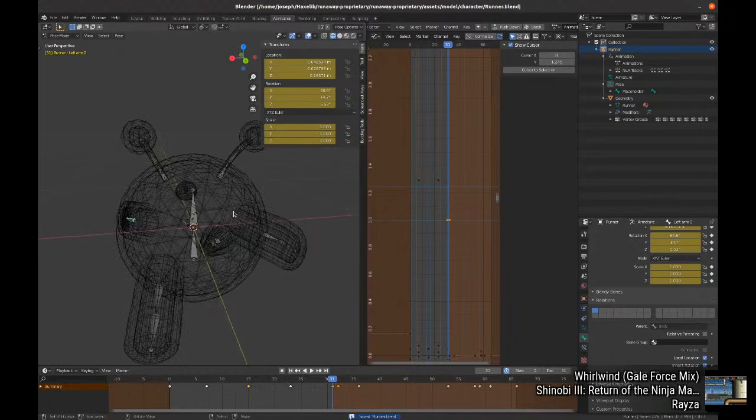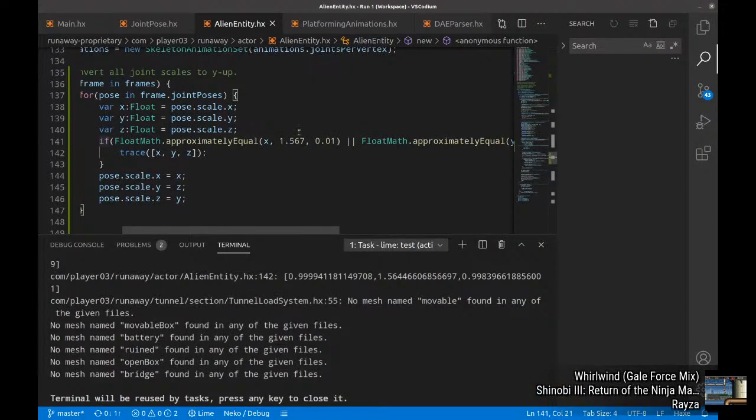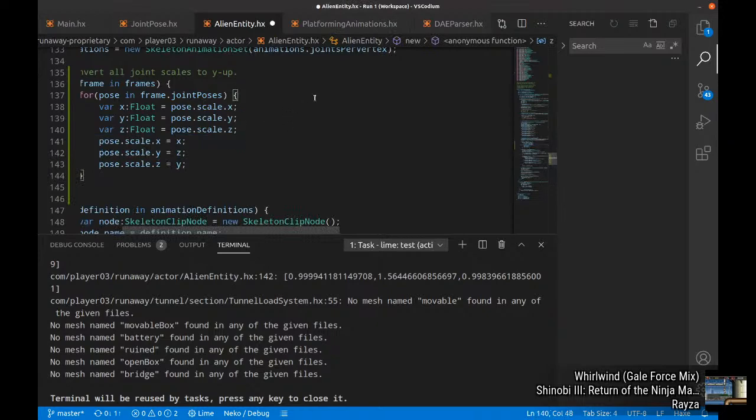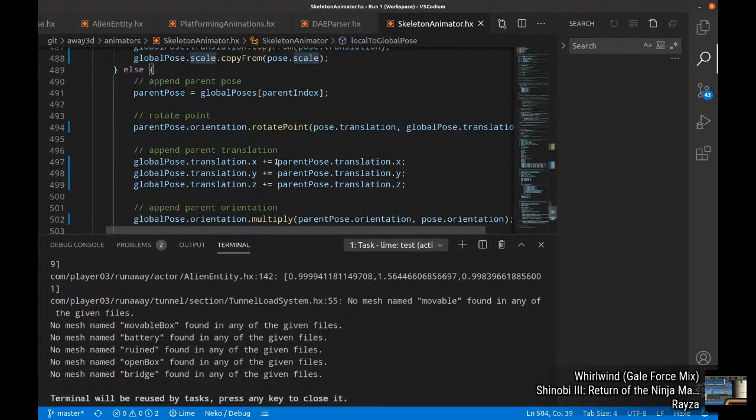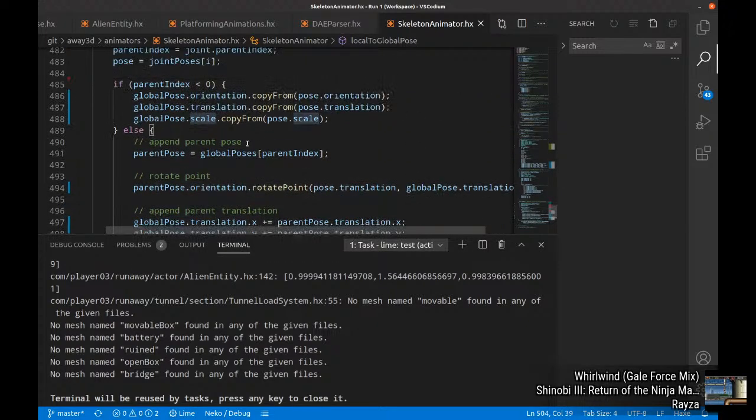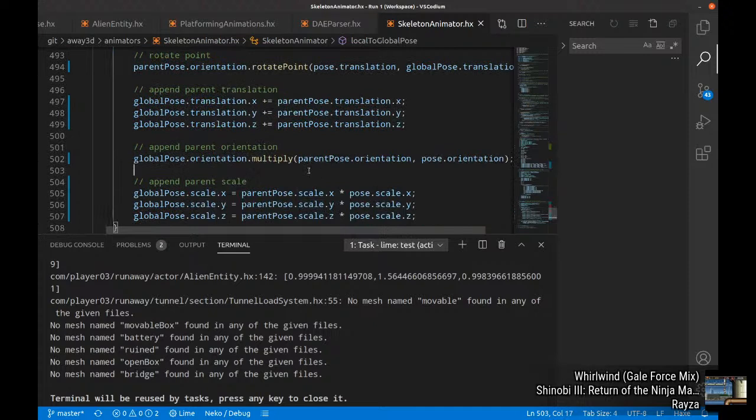So I can fix a lot of things by going into where it actually uses the scale, and I think I have it open here somewhere. Yes, I have it open. Oh, I really don't know what order to do things in.